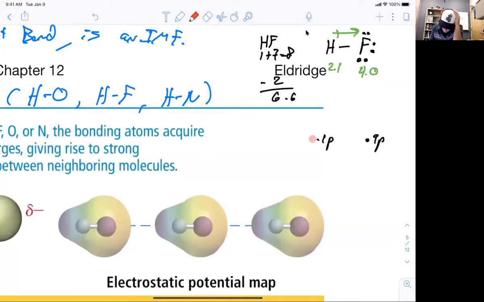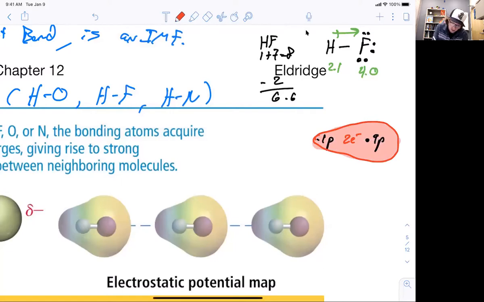So if you see those two electrons, they're spending a lot more time around the fluorine than they are the hydrogen.